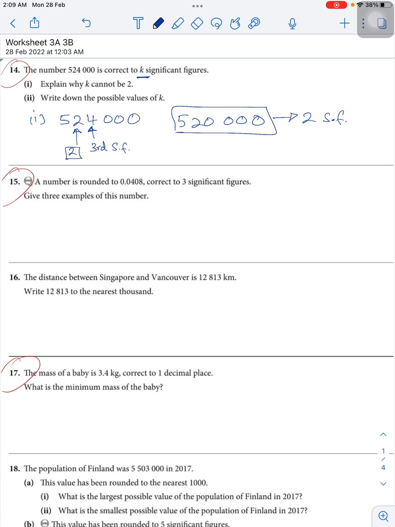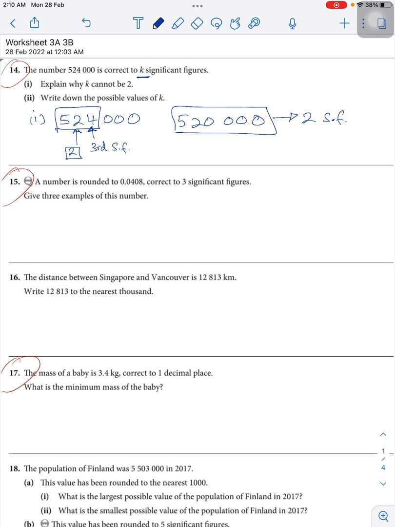But over here it's not possible because you have three significant numbers at the front. So that's the reason why it cannot be 2.